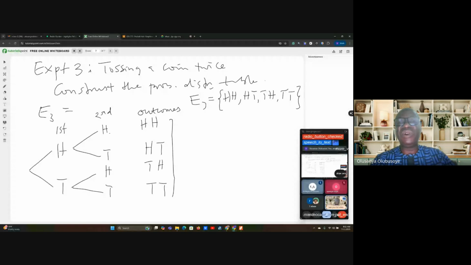So this is the possible outcomes. So if we say, okay, we want to define a random variable x. A random variable x will take any of these values: head, head, head, tail, tail, head, tail, tail.